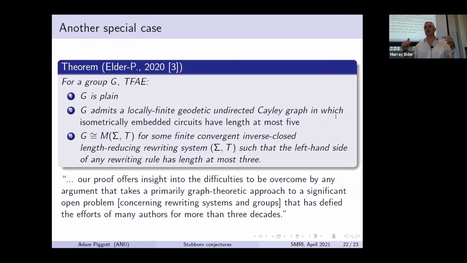For example, we didn't use the fact that the group is virtually free, or anything we know about virtually free groups. It was just that when you have a finite convergent length reducing rewriting system with rules of this sort, that means we have geodetic blocks with embedded circuits of length at most this, and that's what we used.